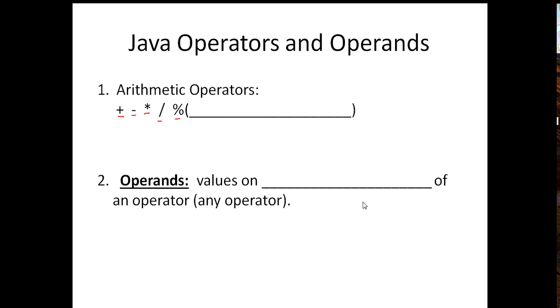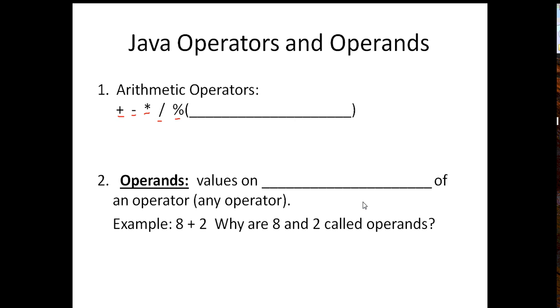It doesn't matter whether it's division, multiplication, or modulus. So why are 8 and 2 called operands? Well, because you have the addition operator, and on one side of it is 8, that's an operand, and on the other side is 2. So they are operands because they're on either side of the addition operator.